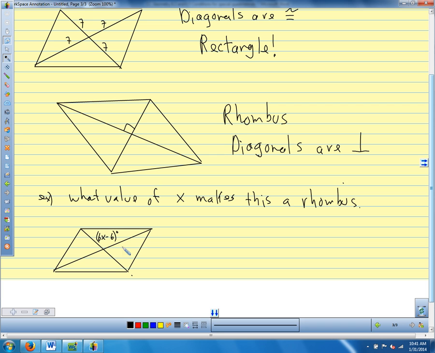The way I solved it was 6x minus 6 equals 90, because we have to have a 90-degree angle, just like we talked about up here.